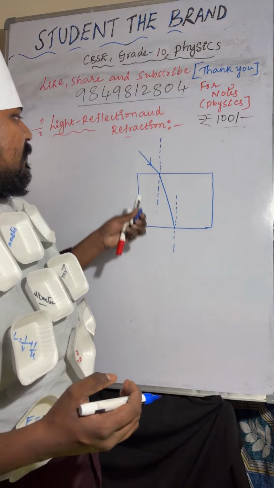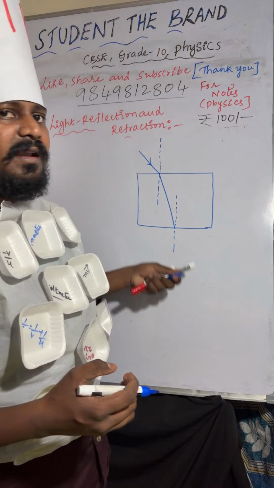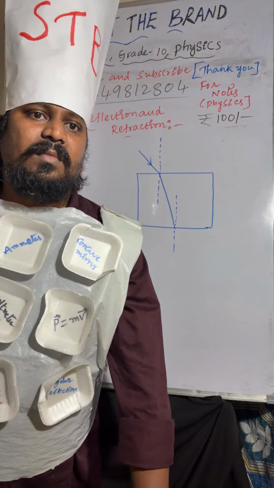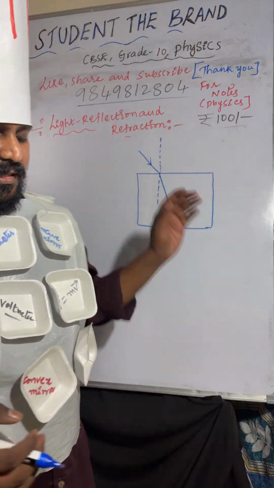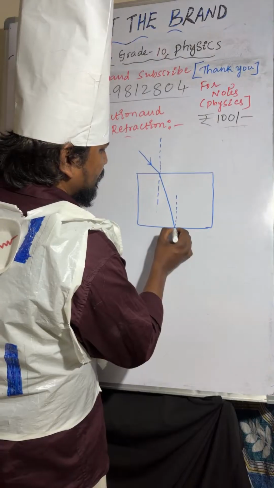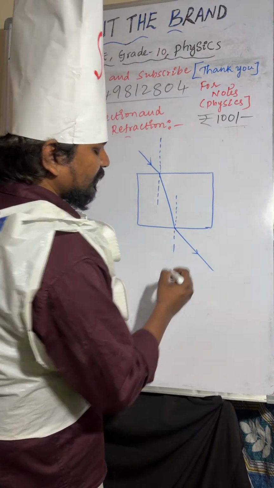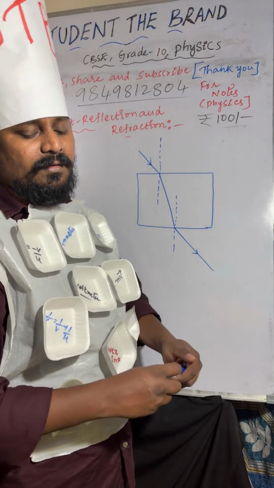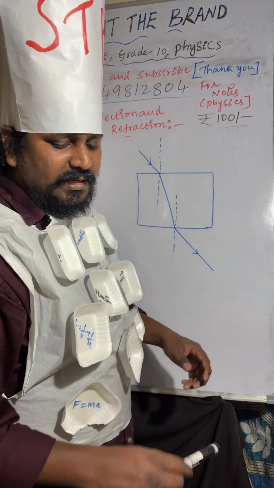Here you can observe the incident ray, the refracted ray, and the light ray which is emerging out of the slab, which is called the emergent ray. This is the emergent ray. You have to extend the initial direction of the incident ray.